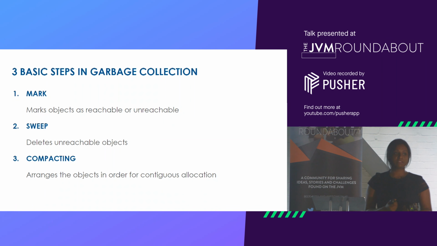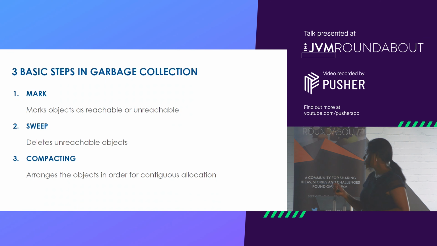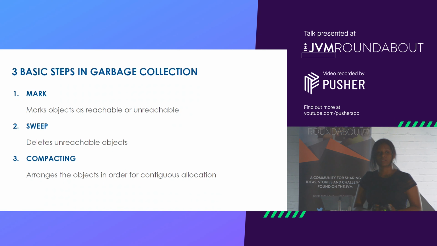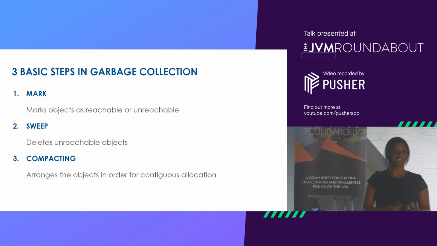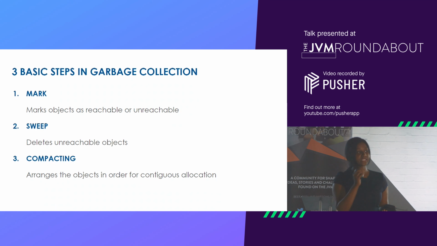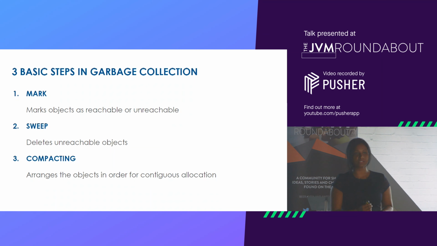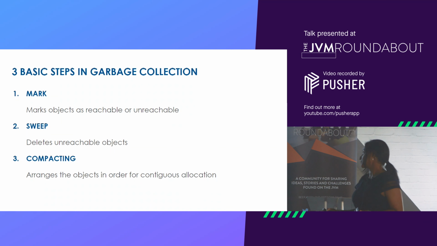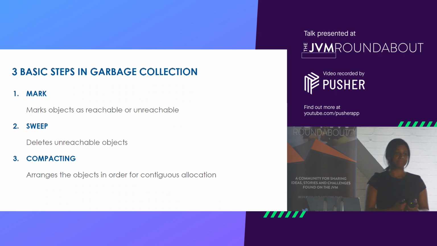There are three main or basic steps in garbage collection: mark, sweep, and compacting. So mark, the first step. The garbage collector starts from the root node. It traverses through the entire object graph, visits every single node, and marks every object as either reachable or unreachable. The second step, sweep.